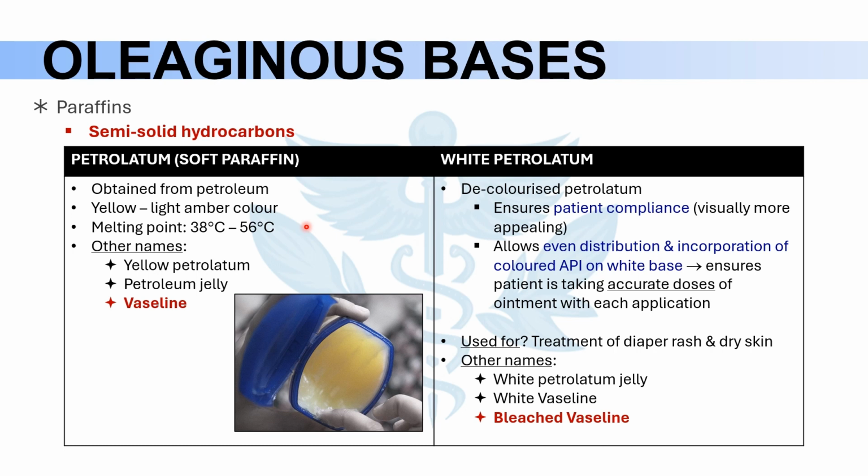And therefore, it can ultimately help us understand the storage conditions needed to keep our ointment stable. Other names for petrolatum are yellow petrolatum, petroleum jelly, and the most common commercially is Vaseline. So petrolatum is also called soft paraffin, yellow petrolatum, petroleum jelly, and Vaseline.